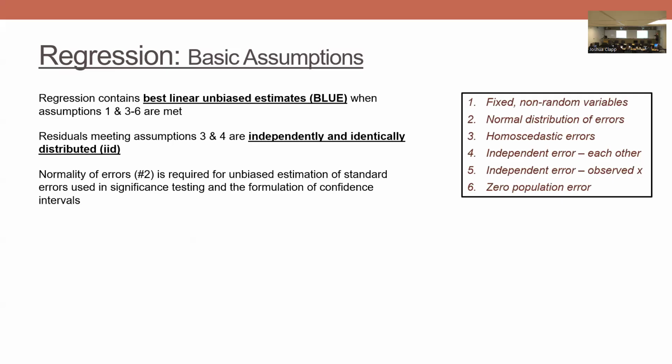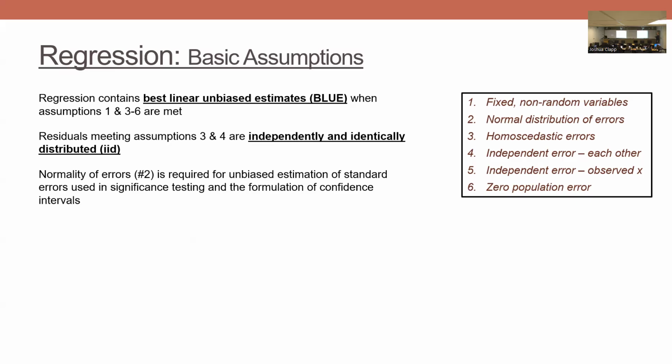So if I have fixed non-random variables, homoscedastic errors, independent errors, observed X, and 0 population error, then my estimates are the best linear unbiased estimates. My estimates are BLUE. This is a good thing. We get less concerned about this in psychology than other things, but it's something to be aware of.